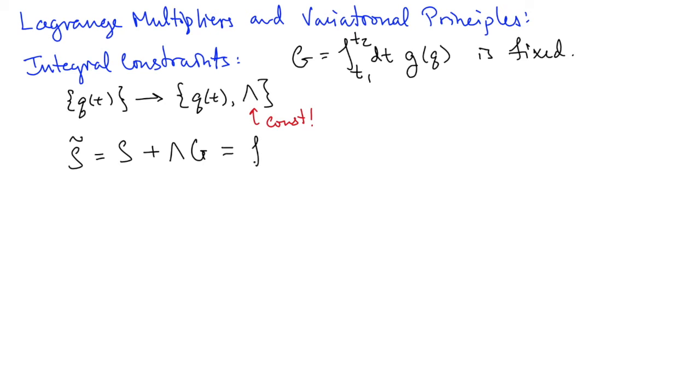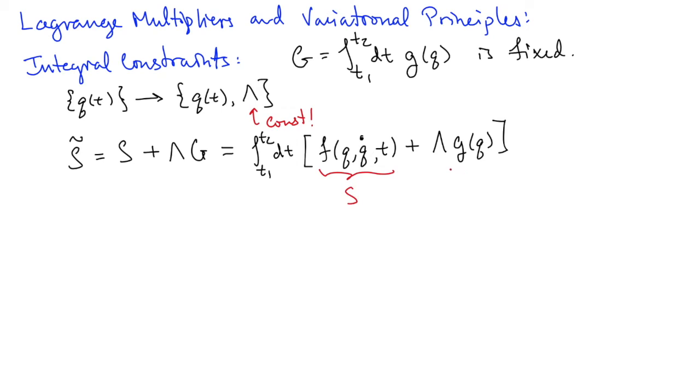And expressing this in terms of the integral, this is the integral of f of q, q dot, t plus lambda g of q. So this part here was the thing that gave us s, and this part here was the part that gave us g, and we've just combined them inside the integrand.